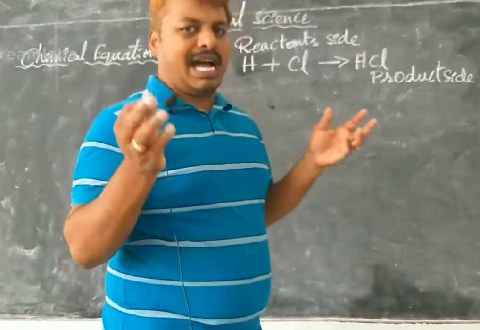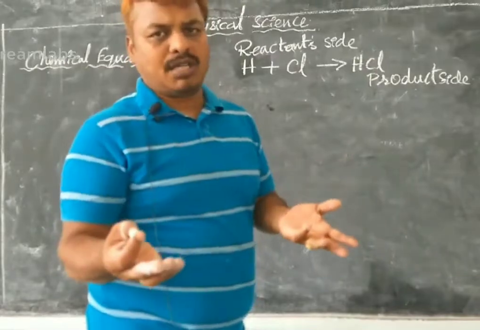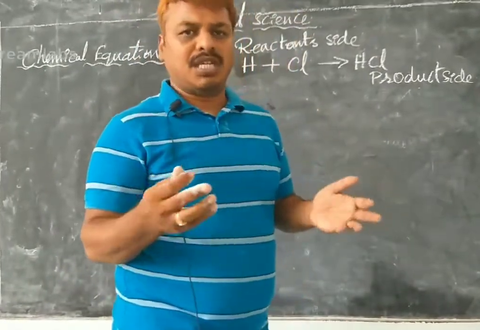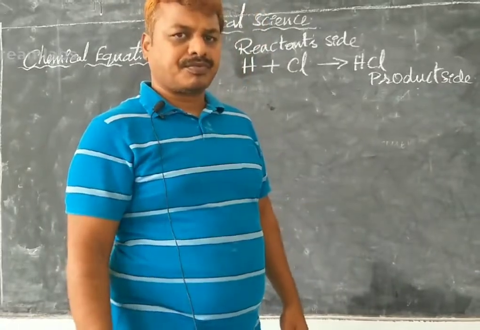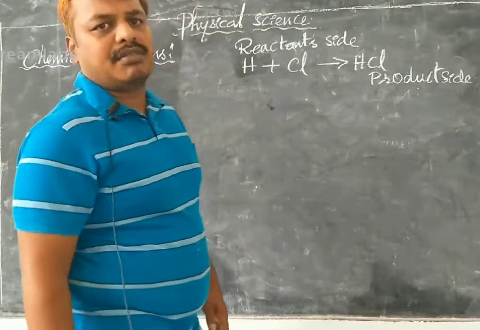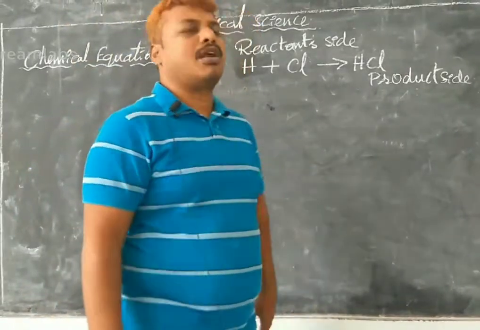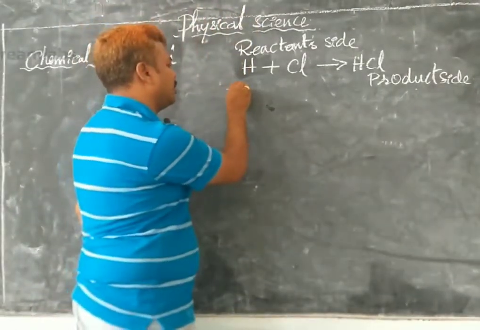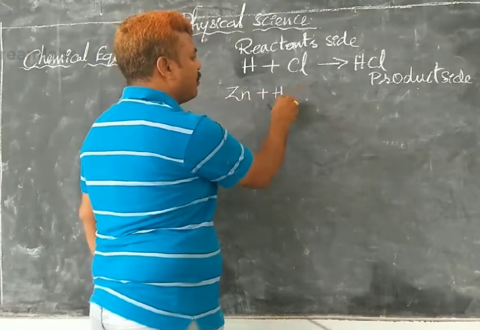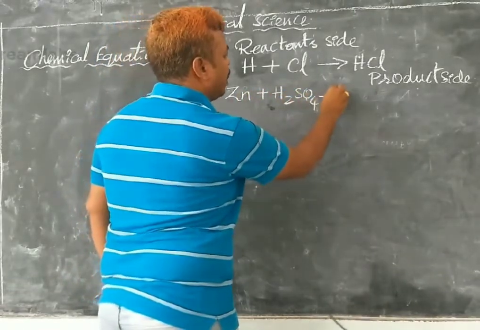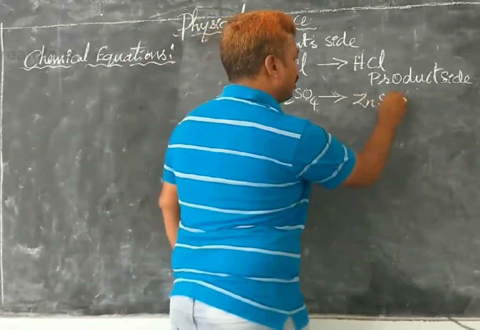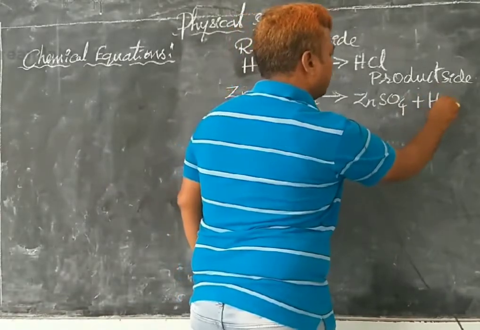When atoms are mixed, it will give you a molecule as product, or molecules are mixed with atoms, it will give you another molecule, or sometimes molecules are reacting with molecules and it will give you product, just like zinc reacts with H2SO4 and it will give you zinc sulfate, ZnSO4, plus hydrogen gas.